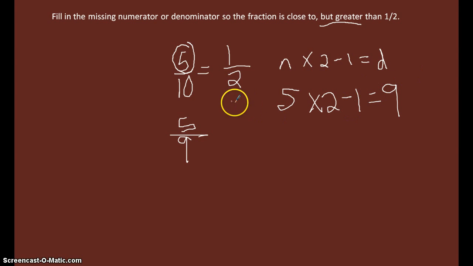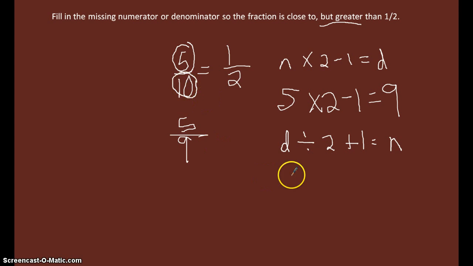Now this time we'll do an example of a fraction that's close to but greater than half by focusing on our denominator, like this one here, 10. This time our formula would be about the opposite. We would have the denominator divided by 2 plus 1 is going to give us the numerator that will produce a fraction that's close to but greater than half.